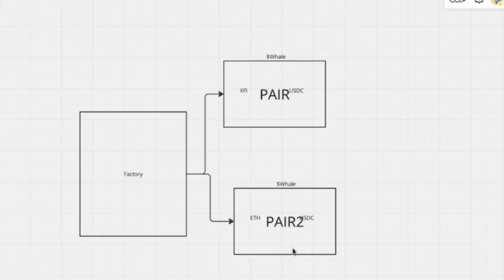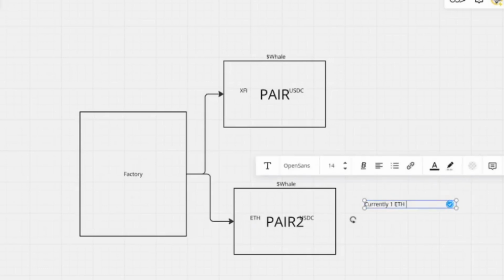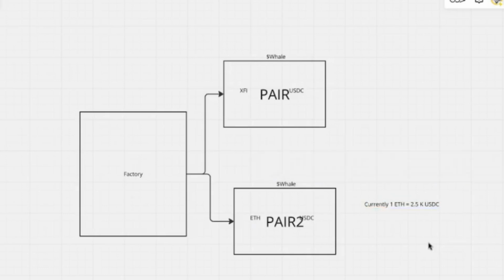For example, if I want to start this contract at this point in time, and currently I know ETH is somewhere around 2.5k USDC, and I want to create this new pair on the WhaleSwap, I will be providing ETH and USDC in the same ratio.